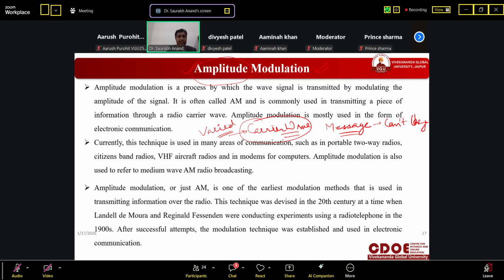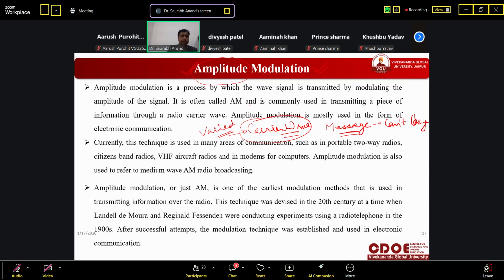Now, what we are varying is only the amplitude. We can vary one parameter at a time, right? If we are varying amplitude, then frequency and phase will be constant. If we vary frequency, then amplitude and phase will be constant. Out of those three, one parameter can be changed at a time, and the remaining two will be constant.